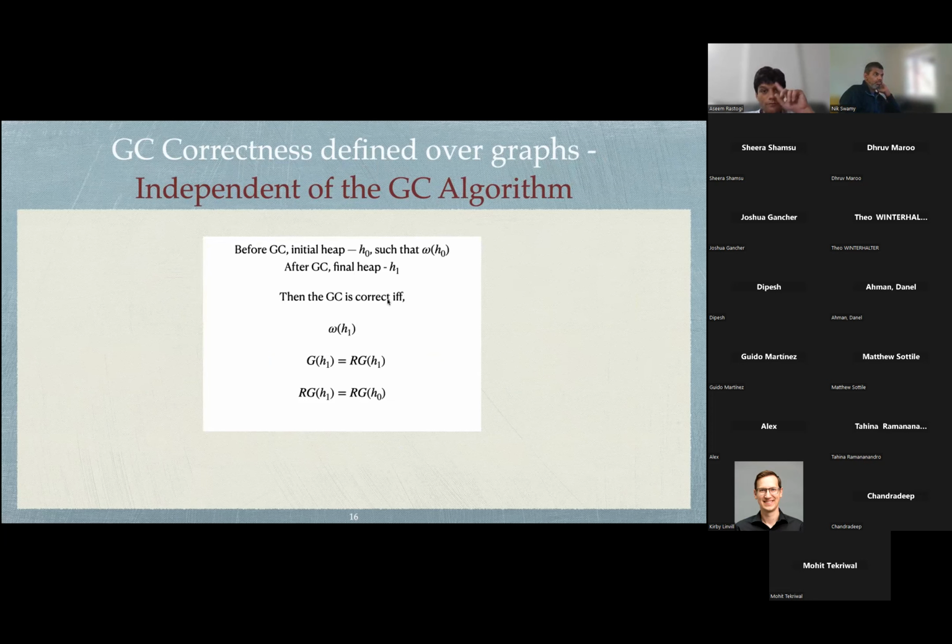Then the GC is correct if and only if the final heap is also well-formed, and the final graph created out of H1 is the reachable subgraph of H1, which is nothing but the reachable subgraph of H0. I will explain one by one.